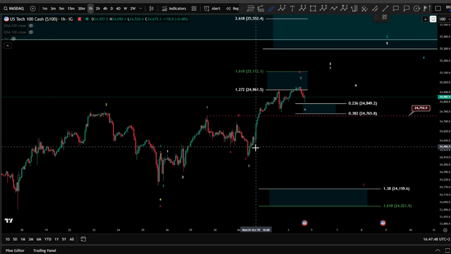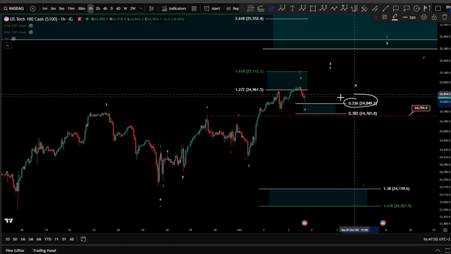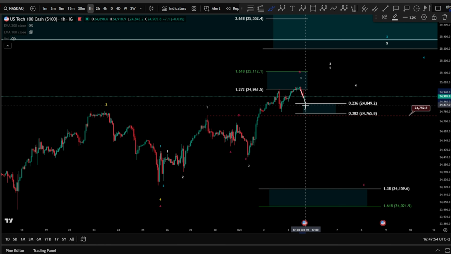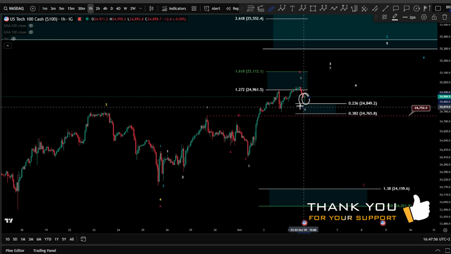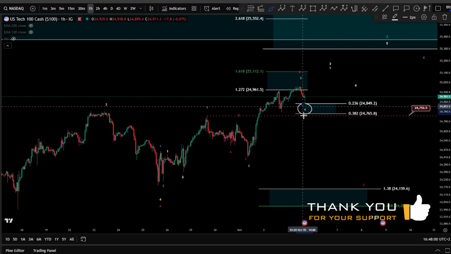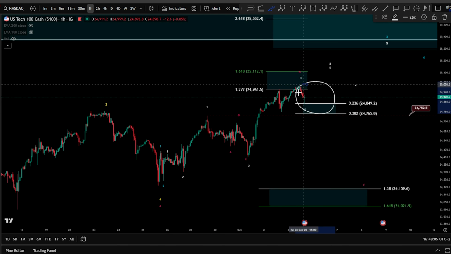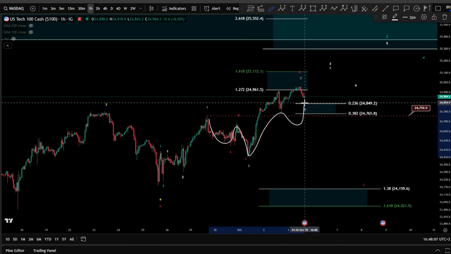So basically on Nasdaq, we mentioned that we are looking for a potential wave 4 here, 0.23 to be hit, and we hit it, and potentially we see kind of like a rejection. However, a wave 4 here as a wave 2, of course, timing, it doesn't reflect so greatly here.